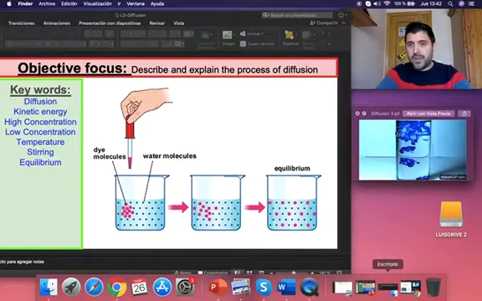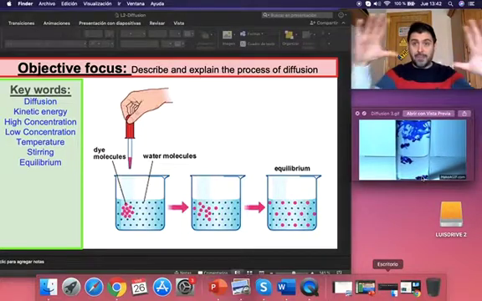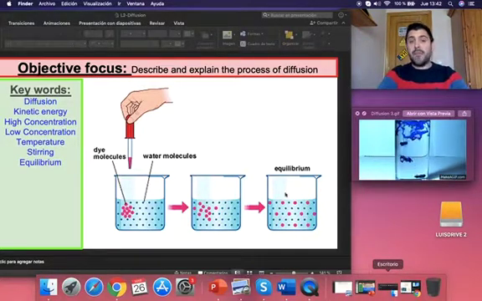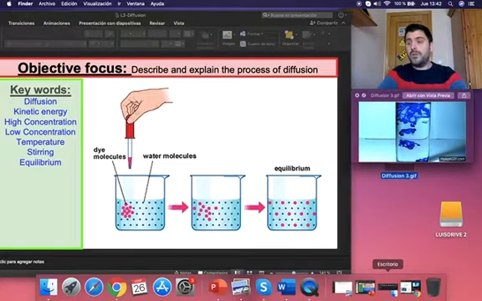Here we have high concentration of ink, and here we have low concentration of ink. The high concentration of ink goes down, trying to occupy the space and get to an equilibrium. Look here, equilibrium. So at the end, the whole thing will become blue.